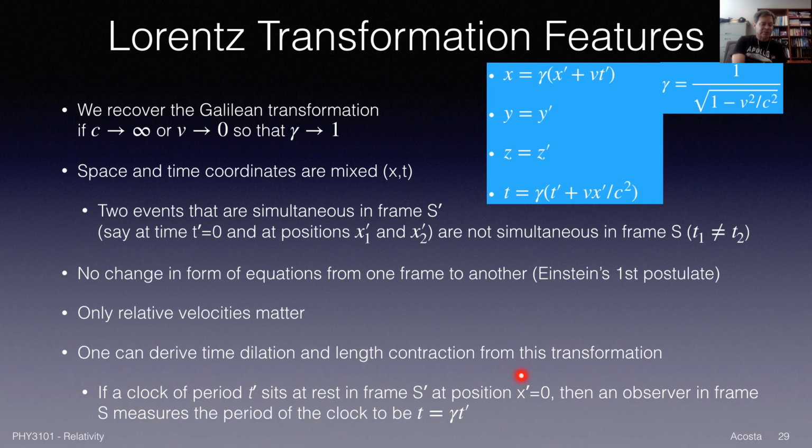So the clock's at x prime is 0 and has a period of t prime. If we want to know what the time is in frame s, I use this last equation for time over here on the right. But x prime was 0, t prime is what it is, but I see a gamma t prime to get the time in the unprimed frame. So t is gamma t prime. So I do recover time dilation.